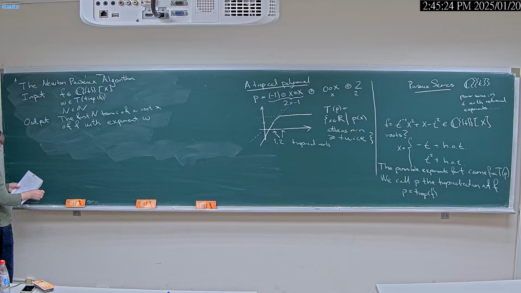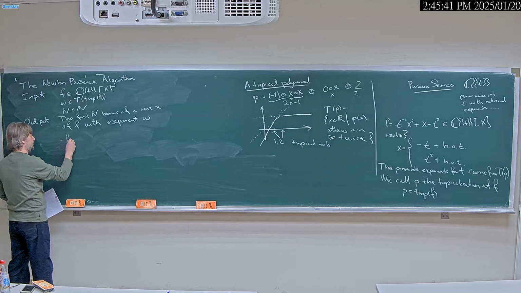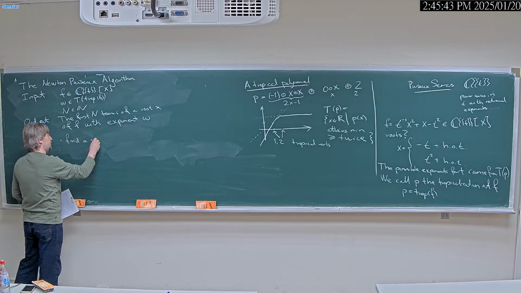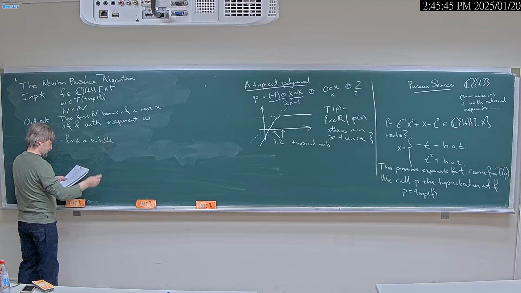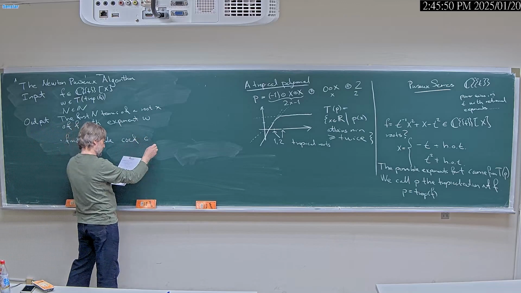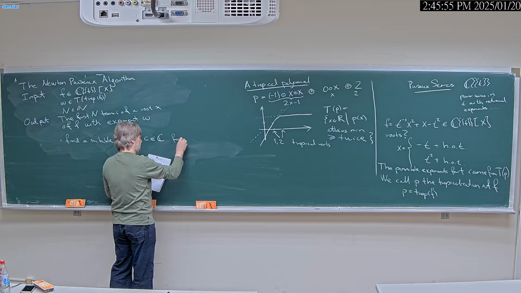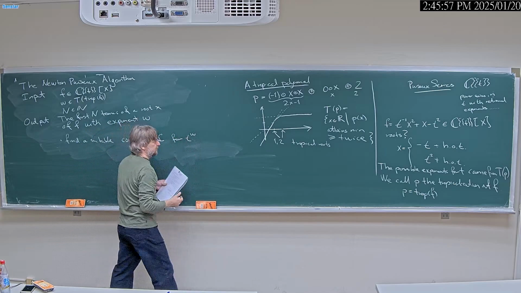So what are the steps in the algorithm? Well, what I'm going to write now is not how you would usually present the algorithm, but if I want to use the tropical terms that you just had, then the steps in the algorithm would be like this. So the first thing is to find a suitable complex coefficient c for t^omega. Right? That's what we did before.